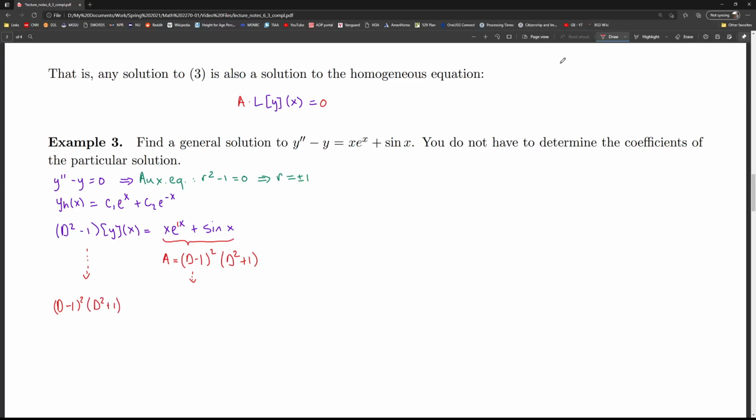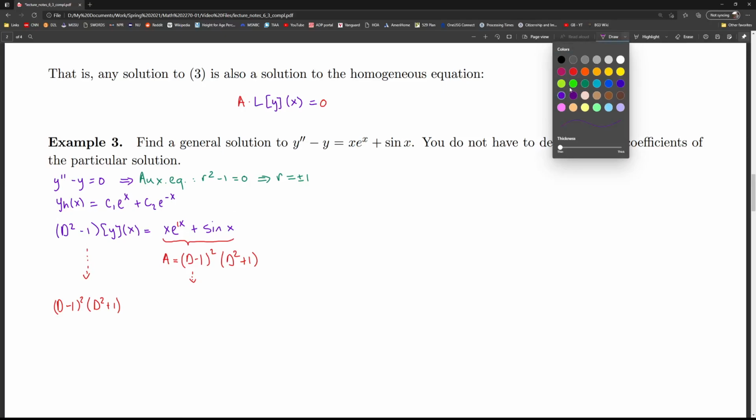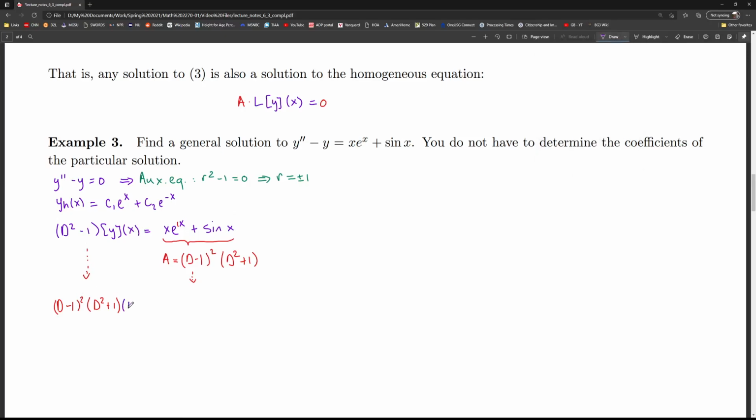And then the D squared minus 1, I'm going to factor that out and write that as (D minus 1) times (D plus 1), applied to y of x, and that equals 0 because we annihilated that right-hand side.